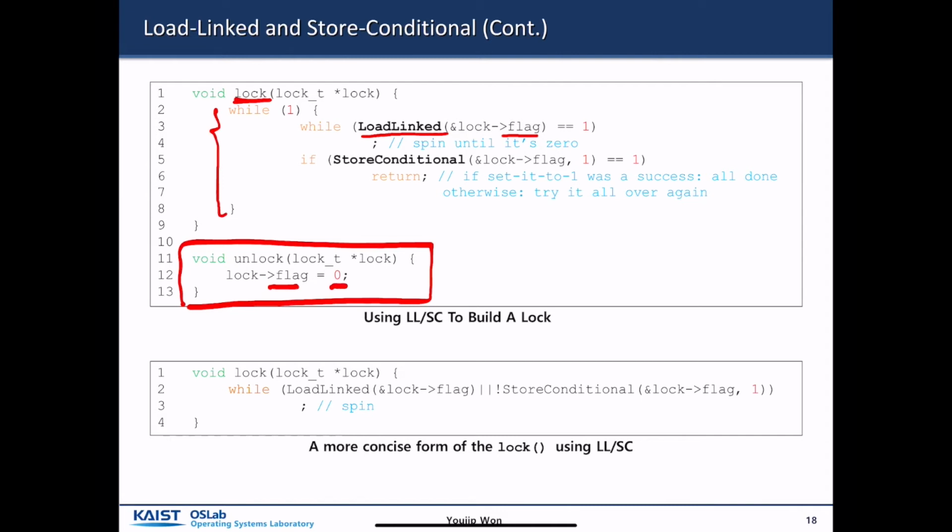But when we set the value of the flag to 1, we check whether it has been updated by other threads, meaning whether a race condition has happened or not. If the value of the flag has been updated by other threads, then store conditional fails, and it goes back to the original while statement, checking if the lock is available. So that is the heart of load linked and store conditional.